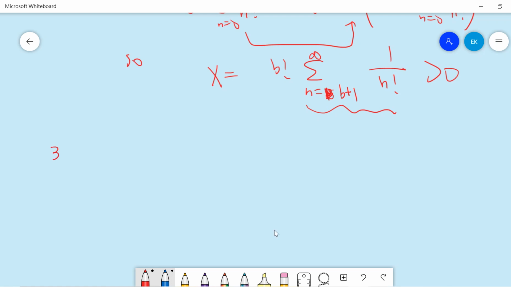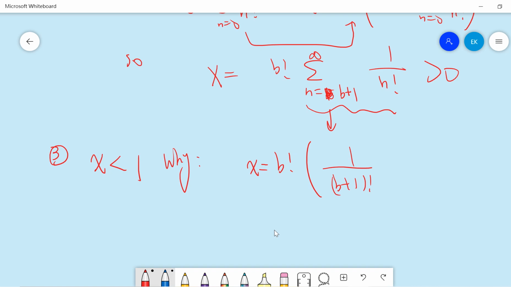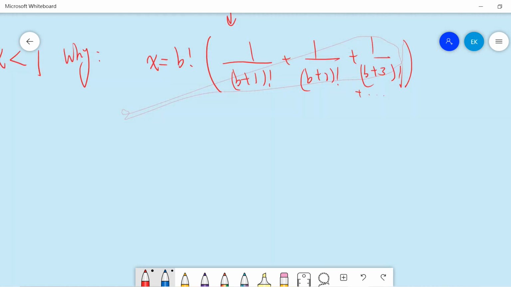The third property, which gives the contradiction: I will show x is smaller than 1. Since we already know x is b factorial times that sum, I can write it as 1 over b plus 1 factorial, 1 over b plus 2 factorial, and so on, going to infinity.